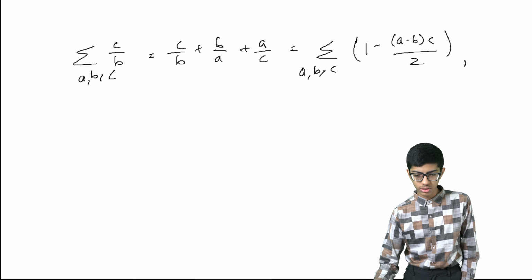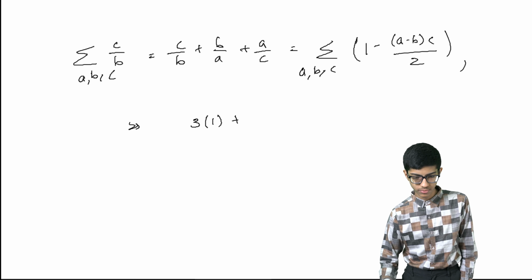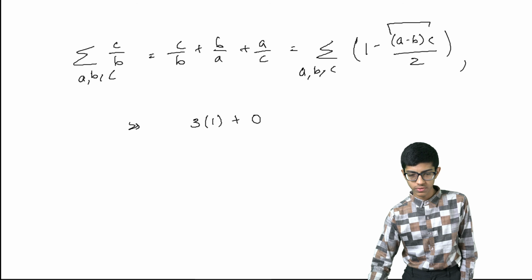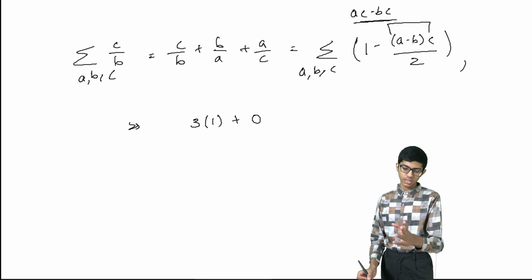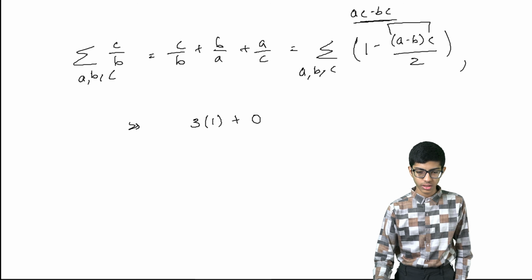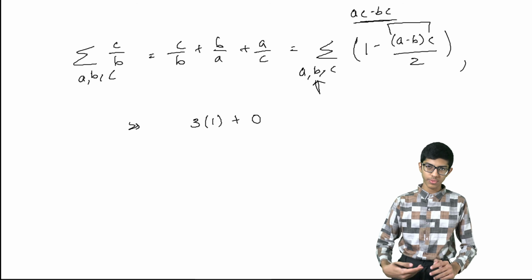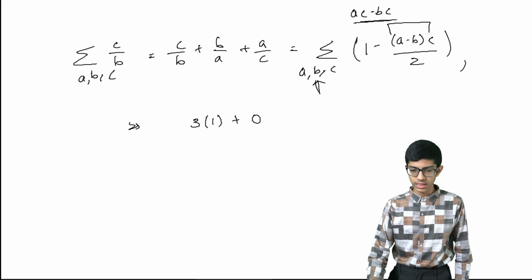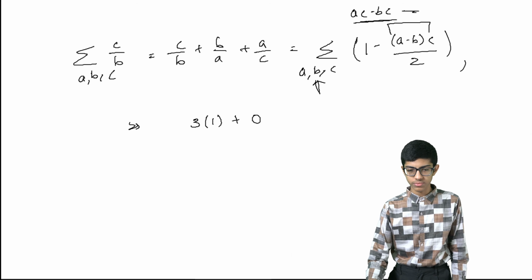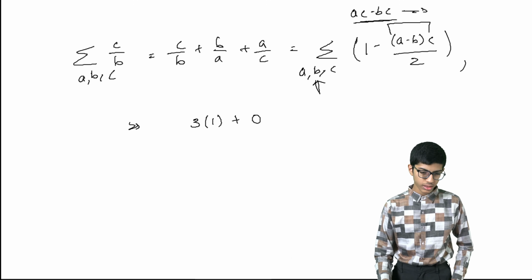As you may notice, since here we get the terms ac minus bc, and for the other terms, that is when we substitute a by b, b by c and c by a, that is we apply the cyclicity once and then twice, the resulting terms cancel out each other.